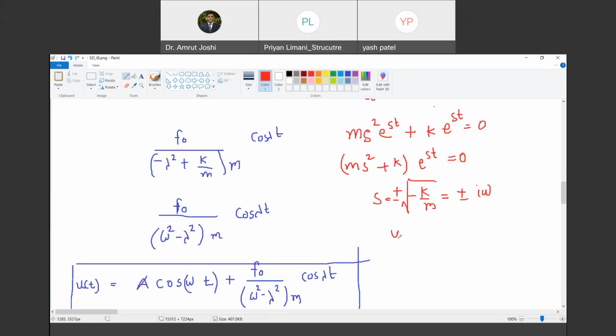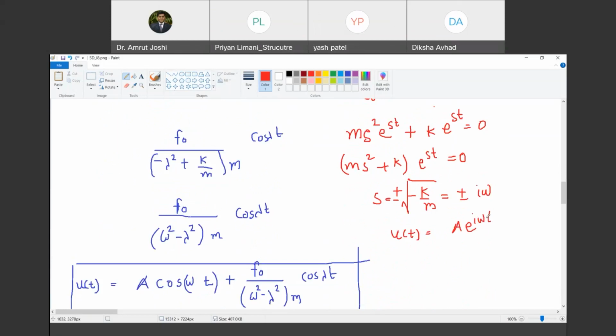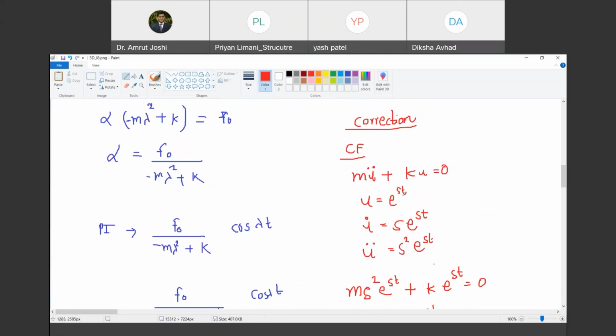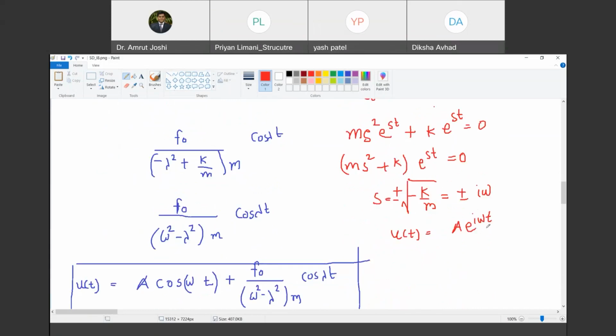Therefore complementary function then becomes u of t is equal to a e raised to i omega t, substituting s is equal to i omega here, plus b, another constant, e raised to minus i omega t. Happy? This we have done.